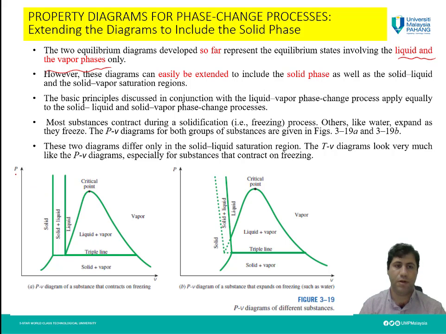However, if you remember this PV diagram, this part was for liquid and vapor. Simply, we can add the solid phase to this graph. You can see here, for example, in this PV diagram, this is for a solid, but not water.